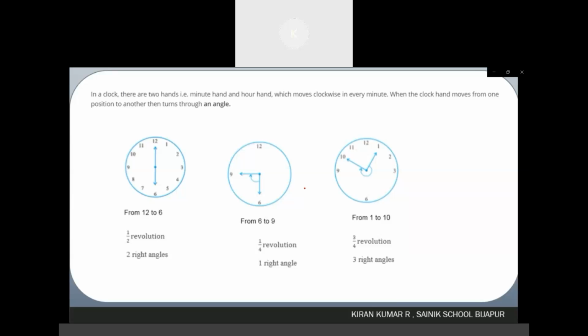Here you observe, when the hand starts from 12 and reaches 12 again in one complete revolution, 360 degrees is formed. Suppose half a revolution is done, we get two right angles and it forms 180 degrees. In one revolution, we get 360 degrees. If 1/4 of the revolution is made, we get one right angle and it is equal to 90 degrees.